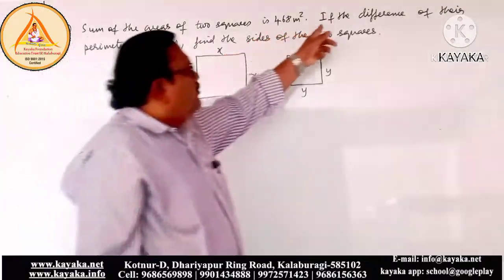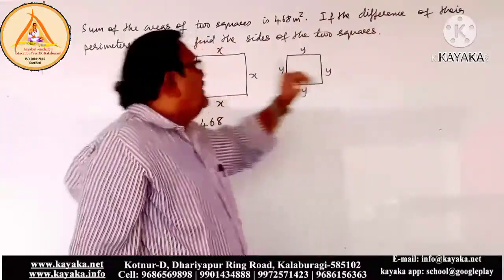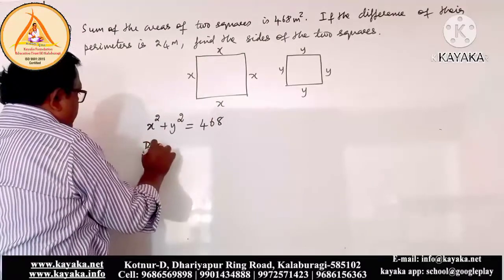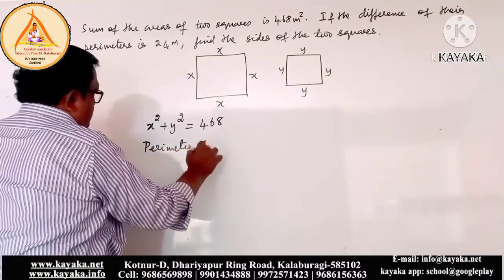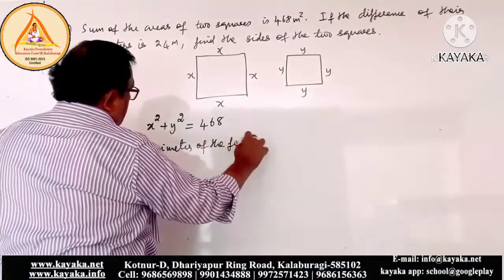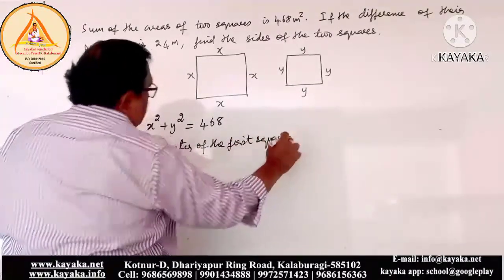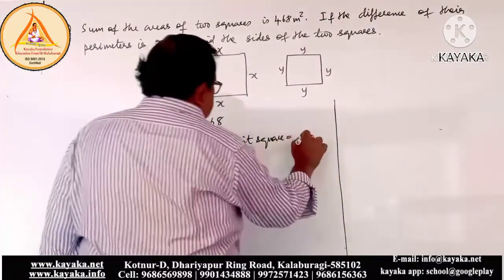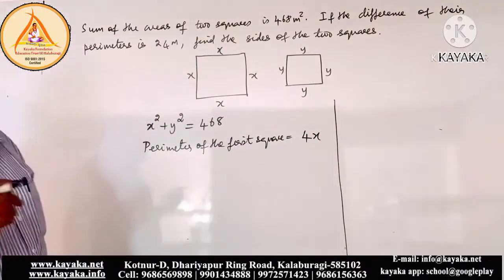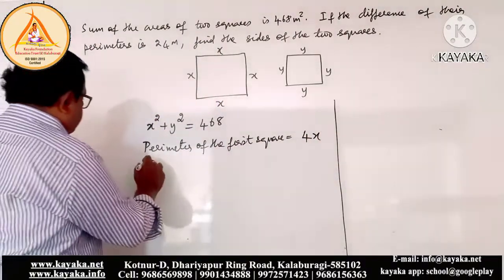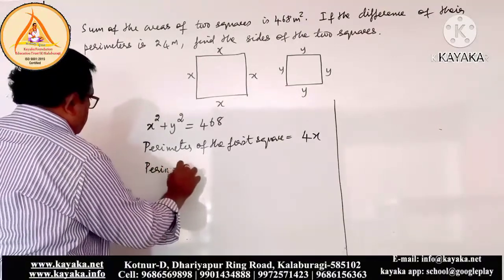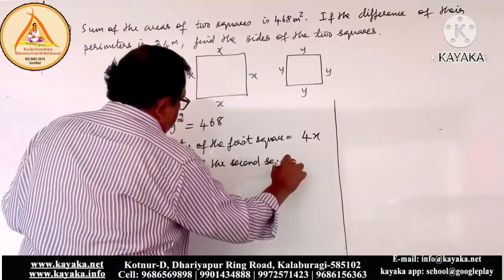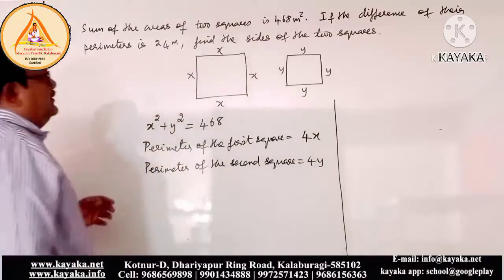Okay. Now, the next condition is the difference of the perimeters. Perimeter of the first square is 4x, and perimeter of the second square is 4y.